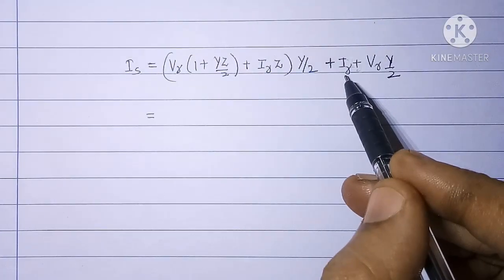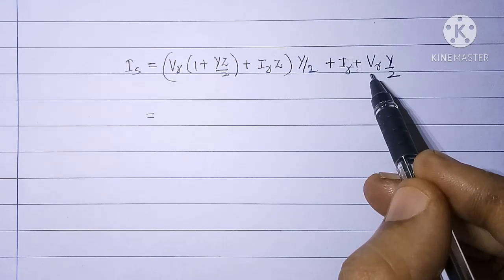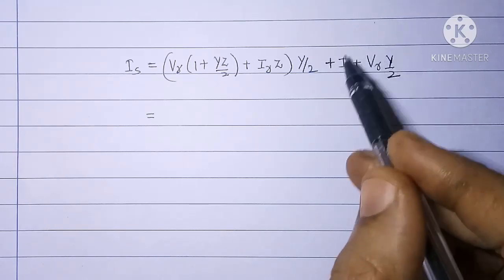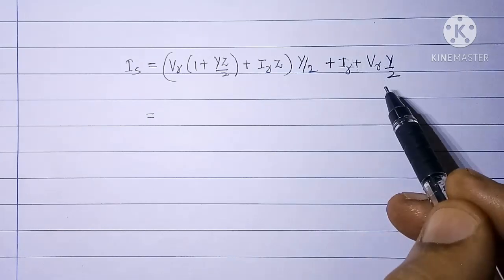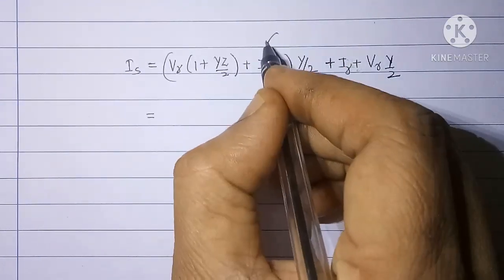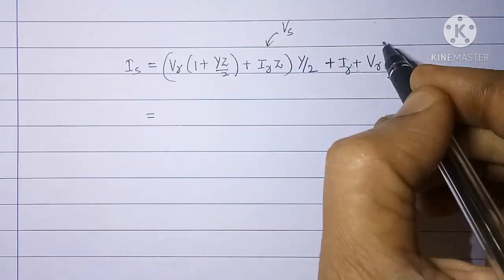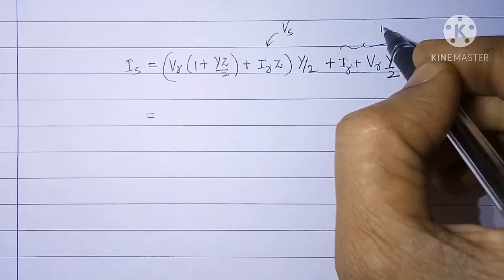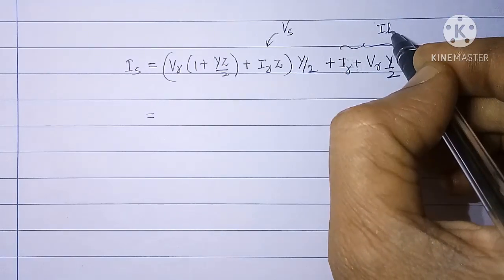Second term in IS is IR plus VR into Y by 2. That is nothing but IL value. So this bracket is Vs and this current is IL.